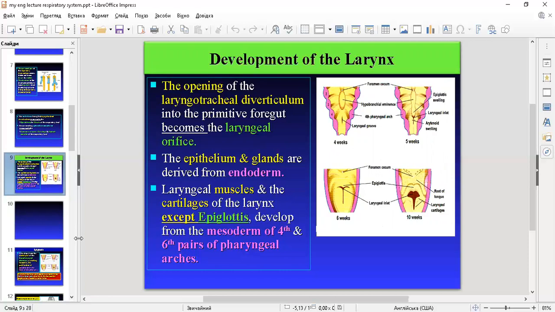The epithelium and glands are derived from endoderm. Laryngeal muscles and the cartilage of the larynx, except epiglottis, develop from the mesoderm of fourth and sixth pairs of pharyngeal arches.